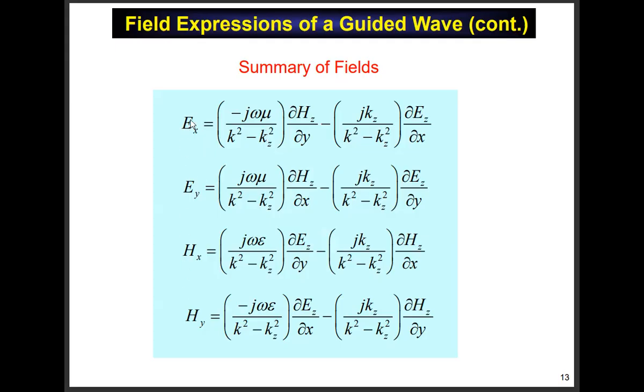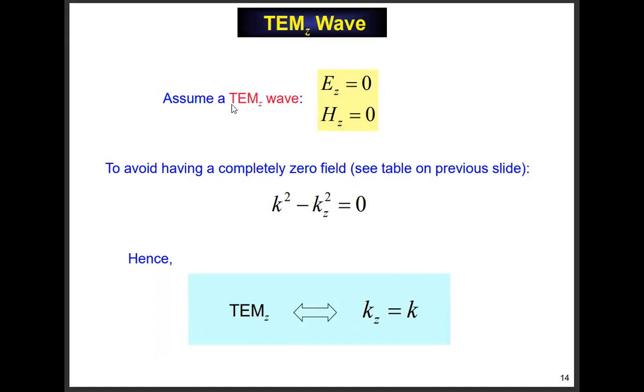The only way you can get fields that are non-trivial, not 0, is if the denominator is 0. So that's a simple proof that for a wave called TEMZ, this must be 0. In other words, kz is equal to k. And it works the other way around. If you already know that kz is equal to k, then you can show that it's TEMZ, that EZ and HZ are 0. So TEMZ means the same thing as saying that kz must be equal to k.